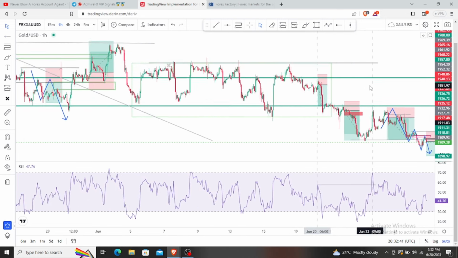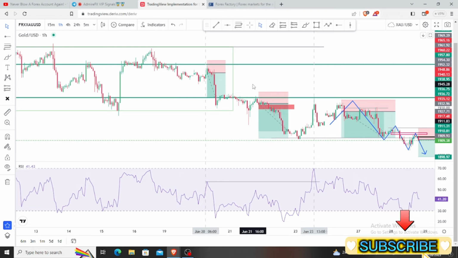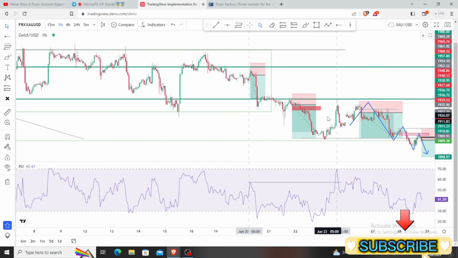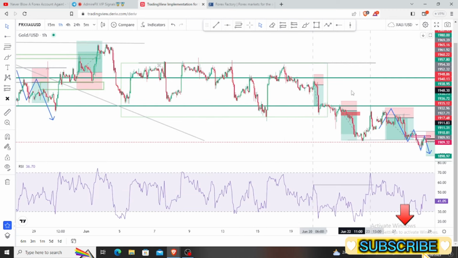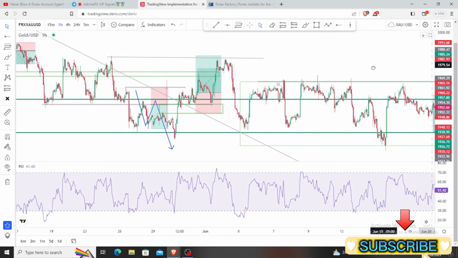These lines are there for a reason, and if you observe how price has been moving from those lines, as far as you are trading the trend, it's very rare that price would not come back to those areas, because we trade off strong areas of interest, off key levels. I call them key levels.